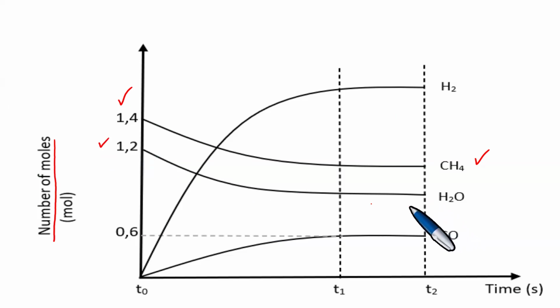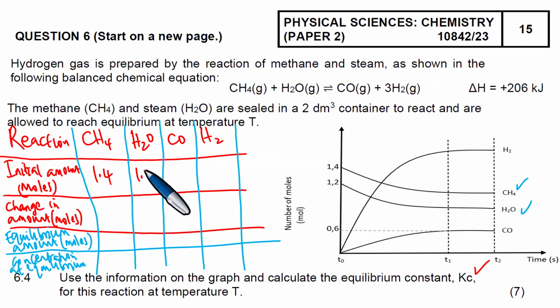Water's initial number of moles in the beginning, at time T0, is 1.2, and the number of moles decreases. In the beginning of this chemical equation, you had no products at all. You only had the reactants. In the 2 cubic decimeter container, you only had methane and steam, mixed together.